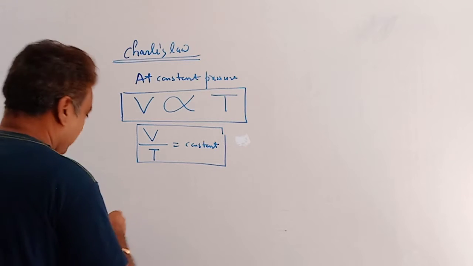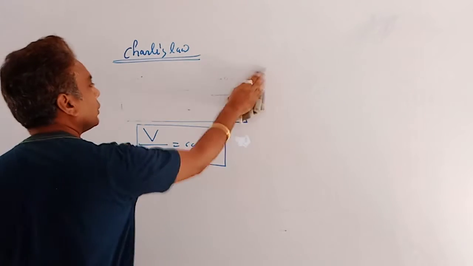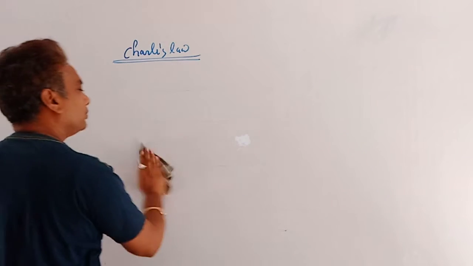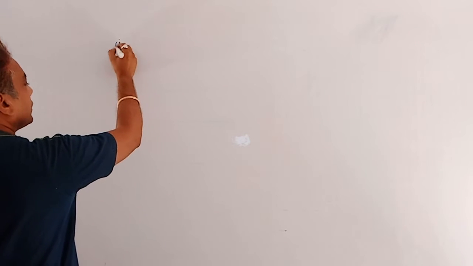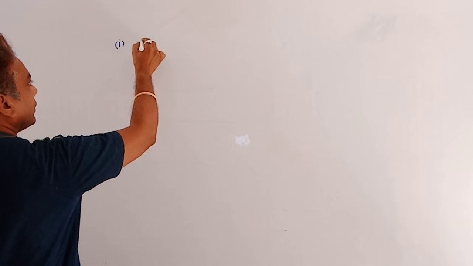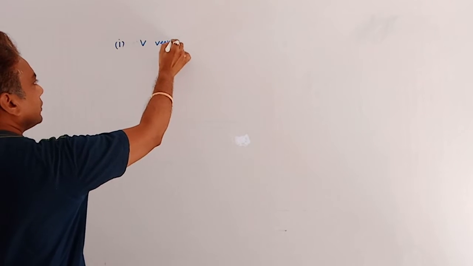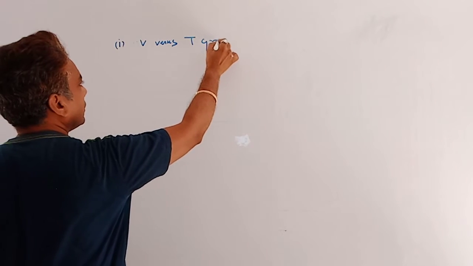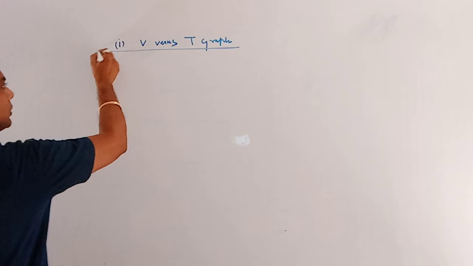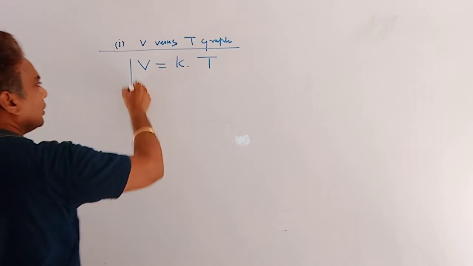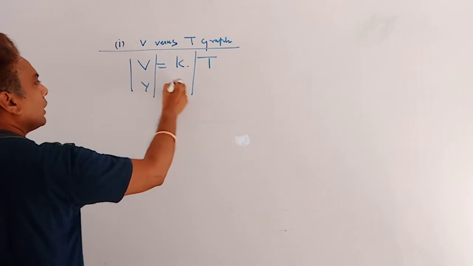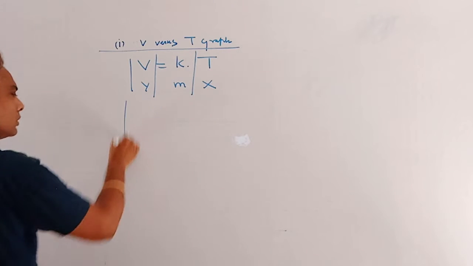Now the graphical representation for Charles' law. So first graph is V versus T. So we have V is equal to K into T. So y is equal to mx.